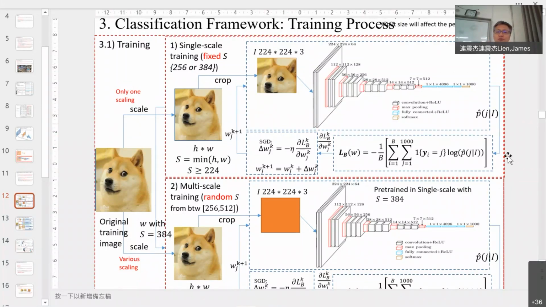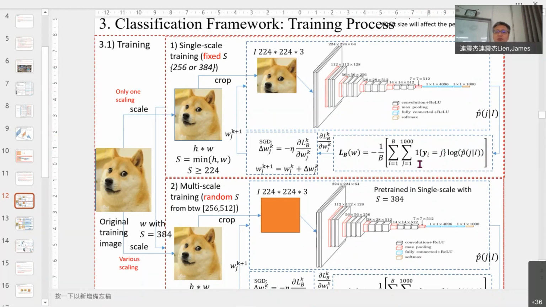And the loss function here: because your purpose is classification and you have 1,000 classes, classification is easy. You just use the cross entropy, y log y prime, where y is the label.